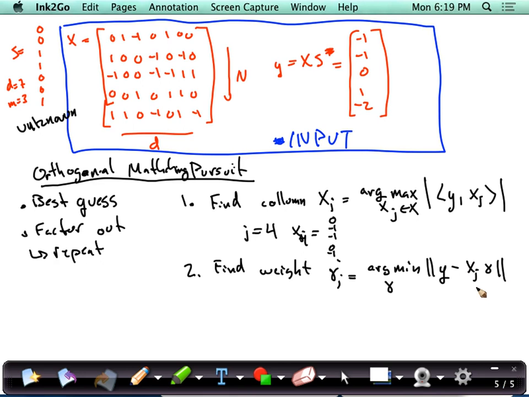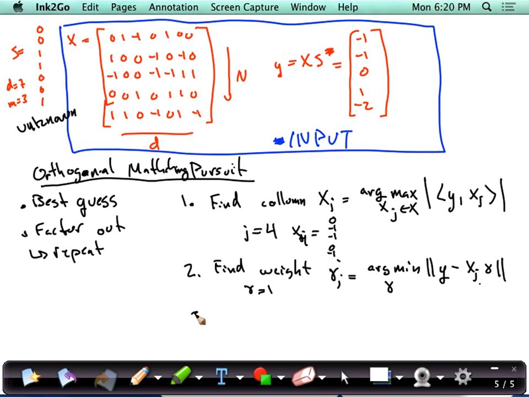Basically, if I multiply this column by some value, in this case equal to 1, I want to make y, this observation, minus this explanation, as small as possible. That's going to be my goal here. And so in this case I'll set this to 1.